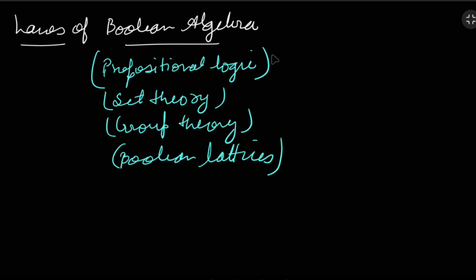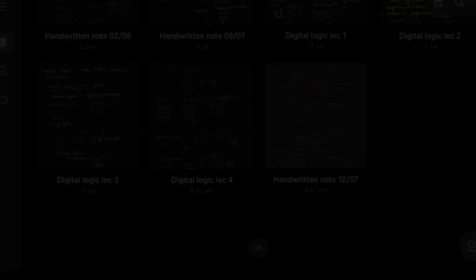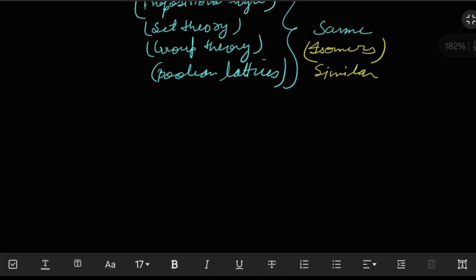So actually all of these laws are the same. All of these fields are actually isomorphic to each other. They are different fields, completely different, but they are kind of isomorphic to each other. They are similar. So all of the rules you'll study are basically the same or similar, or the word is isomorphic.